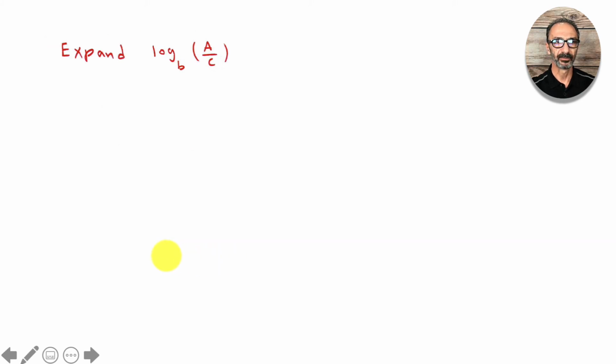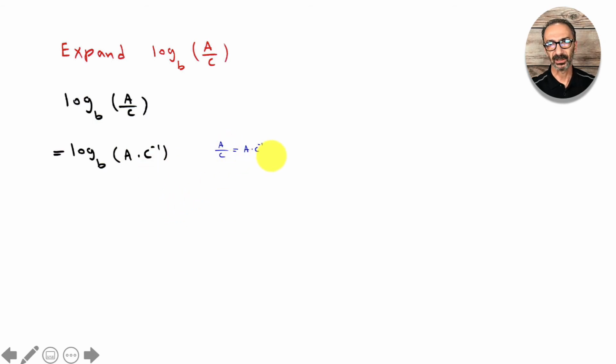Here's another one. Log a over c, quotient rule, or I could play around and change c to the power negative 1. Then I could use the product rule. Then I'll use the power rule. Here we go. A over c is the same thing as a times c to the power negative 1.